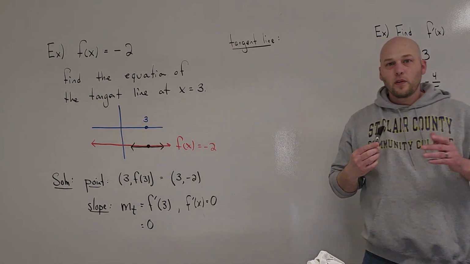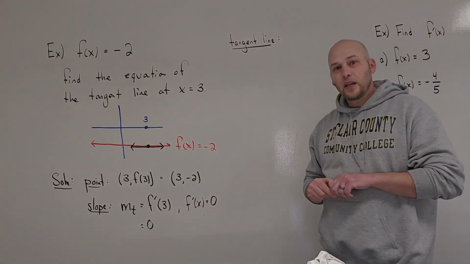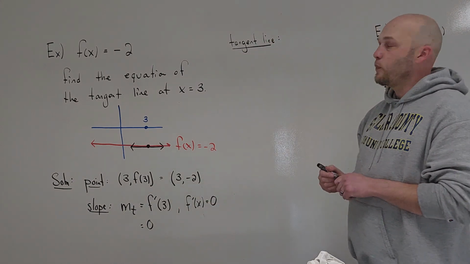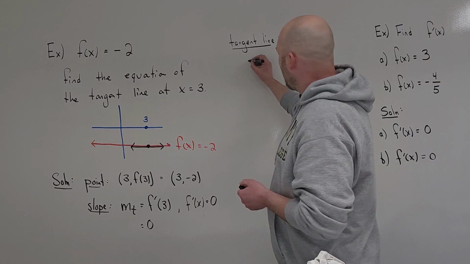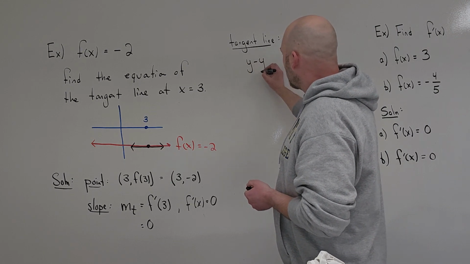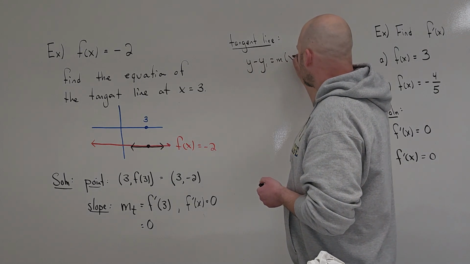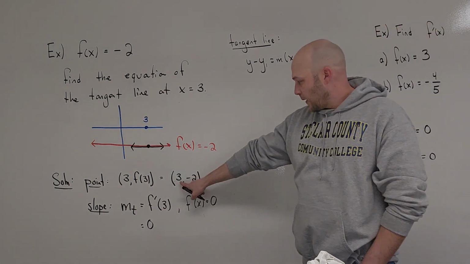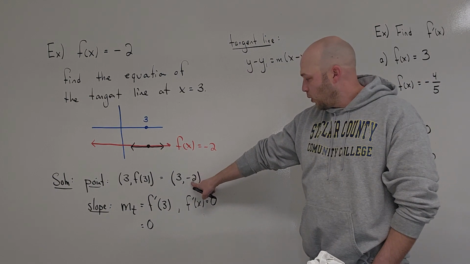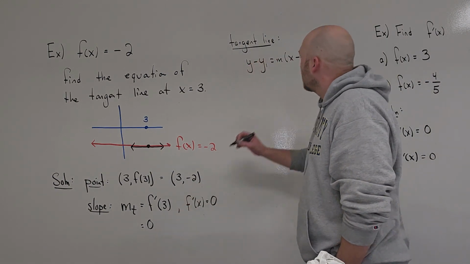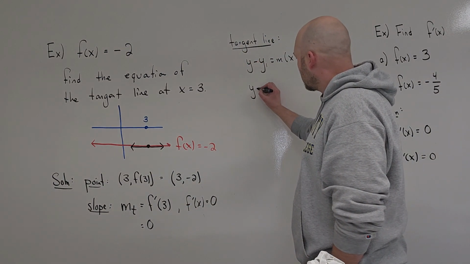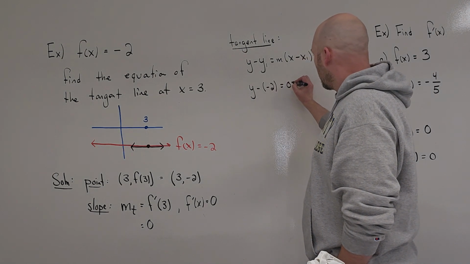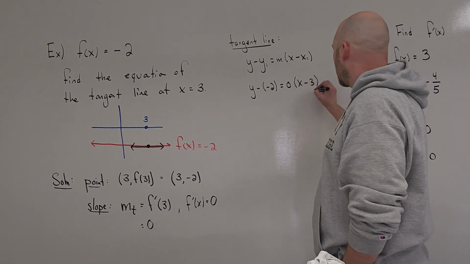Now there are different forms of equations of lines. The one that we need in this particular case, since I've got a point and slope, is point-slope form. As a reminder, point-slope form says y minus y1 is m times x minus x1. And I'm going to plug in, this is my x1, this is my y1, this is my m. This gives me y minus -2 equals 0 times x minus 3.